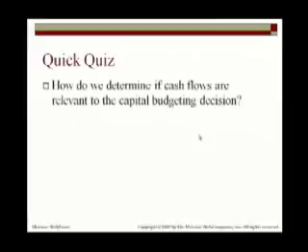Let's talk about a quick quiz. How do we determine if cash flows are relevant to the capital budgeting decision? Well, I kind of glossed over this, but remember, if a cash flow is there because the project is there, then it's relevant. A good way to think about this is to ask yourself this question.